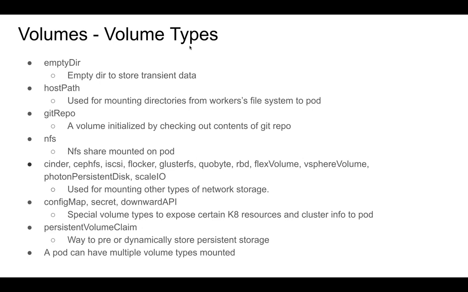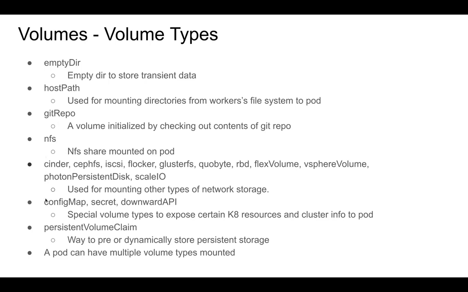That container should get access to the same volume, because it might be reading data from or writing to it. The solution for that is the volume. A volume's lifecycle is based on the pod. When the pod goes away, the volume also goes away. But when a container goes away, the volume is still there, so that when the new container comes up in its place, it can get access to the same volume. And these are the volume types.